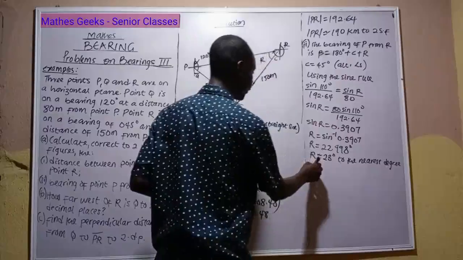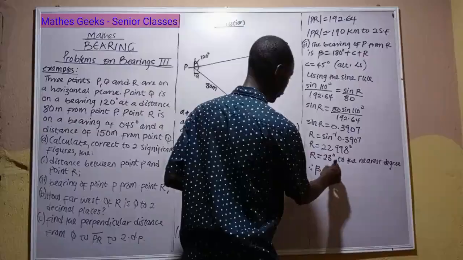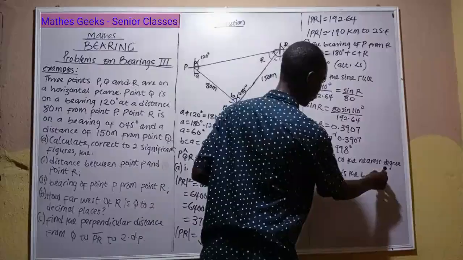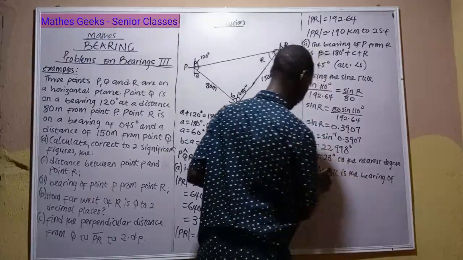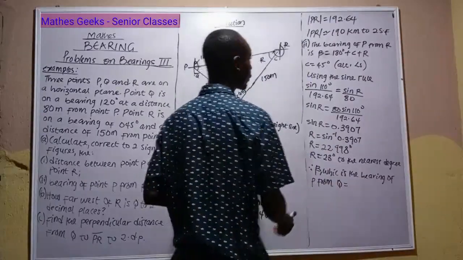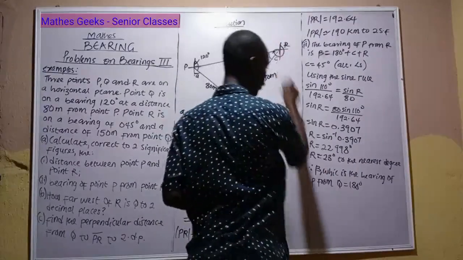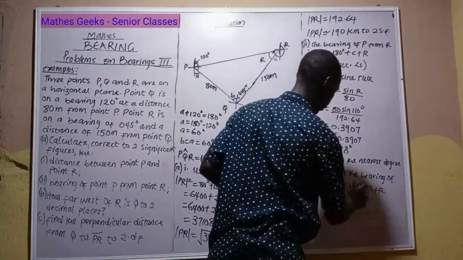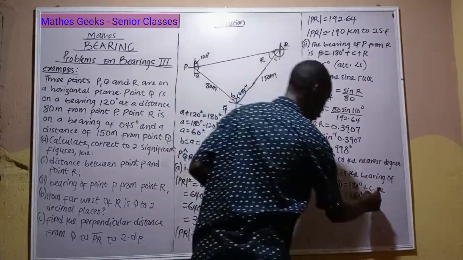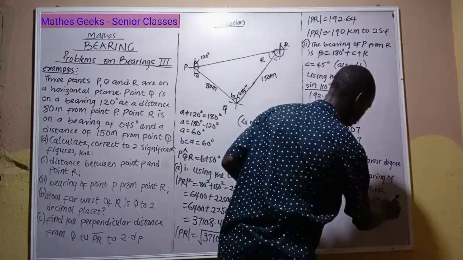Therefore beta, which is the bearing of P from R, is equal to 180 degrees from the north to the south, plus C plus R. That's equal to 180 degrees plus C, which is 45 degrees, plus R, which is 23 degrees.